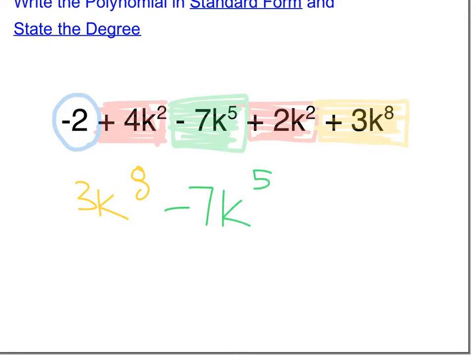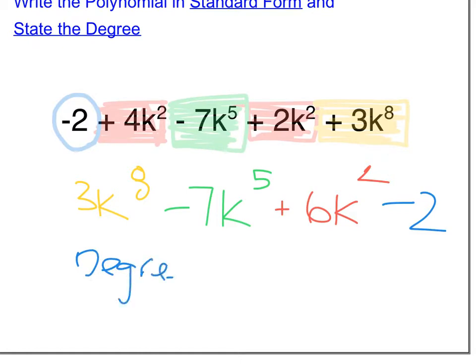All right, now my k squareds, I've got this positive 4k squared and a positive 2k squared. So 4 plus 2 gives me a positive 6k squared, and then I will finish with that constant of a negative 2. So that is my polynomial in standard form, and it is going to have a degree of 8.